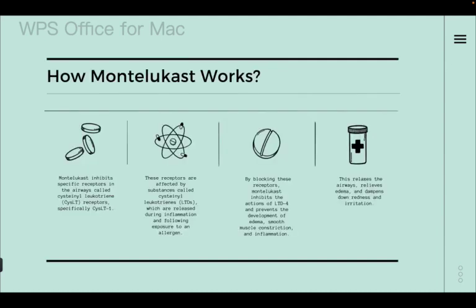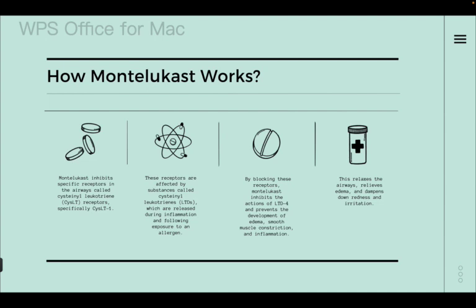How does Montelukast work? Montelukast inhibits specific receptors in the airways called cysteinyl leukotriene receptors, specifically cysteinyl leukotriene 1. These receptors are affected by a substance called cysteinyl leukotriene or LTD4, which is released during inflammation and following exposure to an allergen.